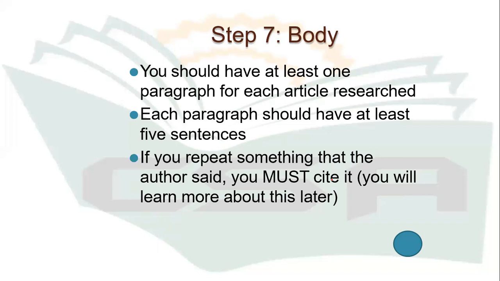So it will be according to the requirement of your assignment or your data. And each paragraph should have at least 5 sentences or more. All right. If you are repeating something that the author says, you must cite it. You will learn more about this later. We will discuss it in our next lectures, the word citation and all these things.